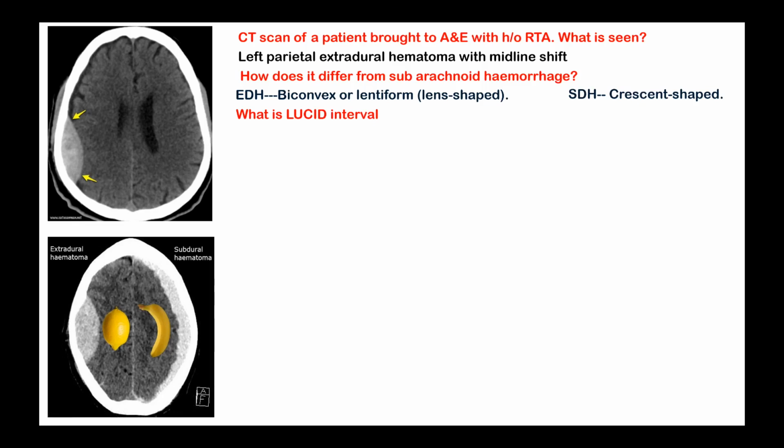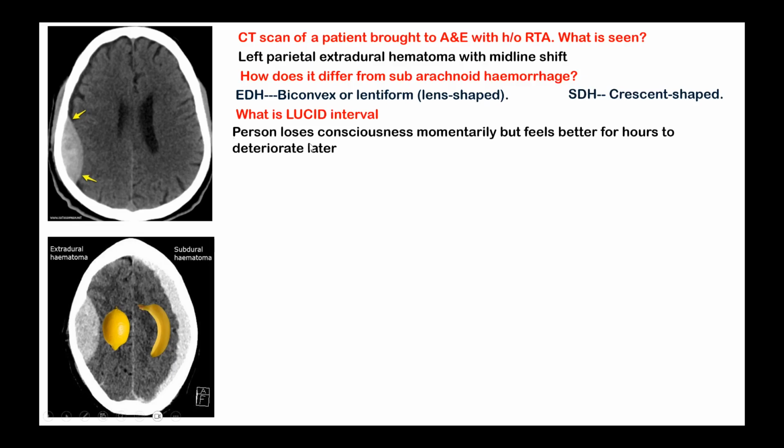That is called the lucid interval. The person loses consciousness momentarily, feels better for hours, and again deteriorates later on. That period where he looks normal is called the lucid interval. That is why we always admit patients with even mild head injuries, to avoid that they become bad later on. What is Cushing's triad?